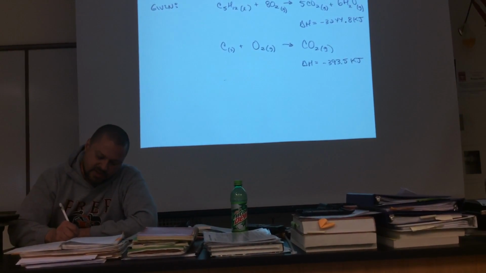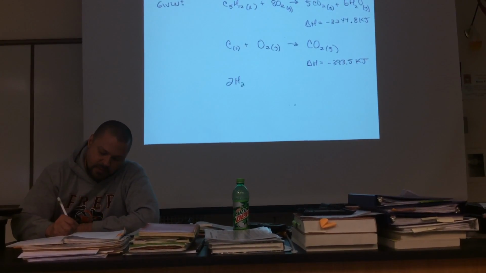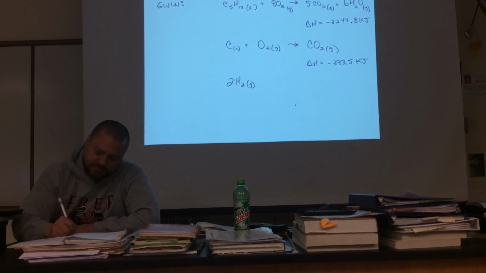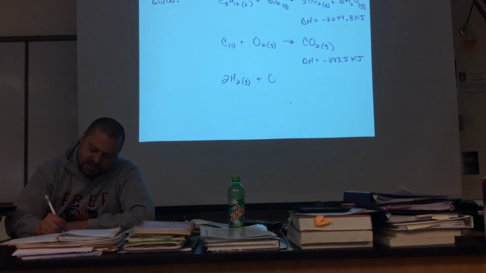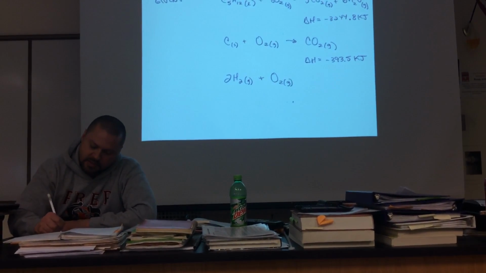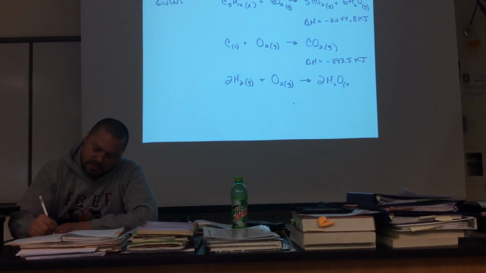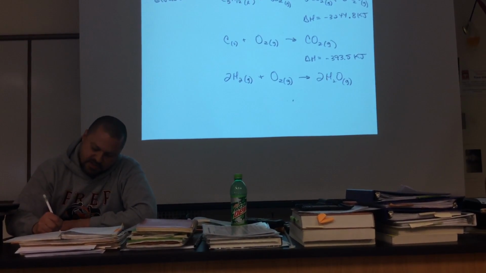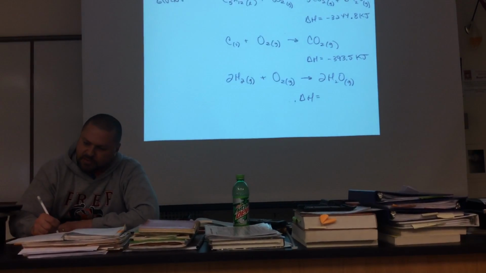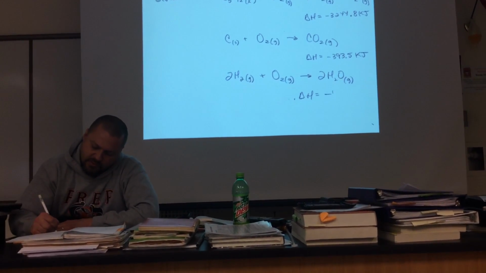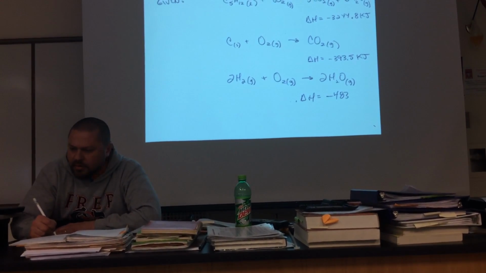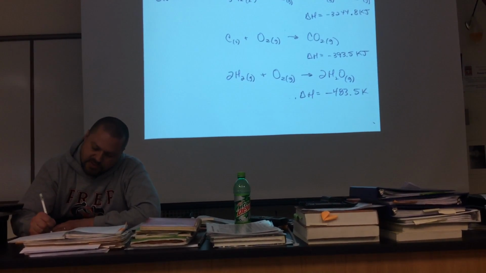Let's say we have 2H2 gas plus O2 gas yields 2H2O gas, and this has a delta H equal to negative 483.5 kilojoules.